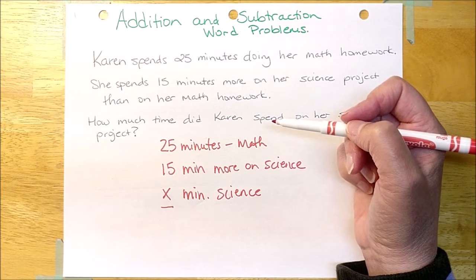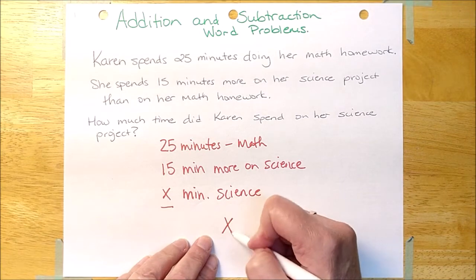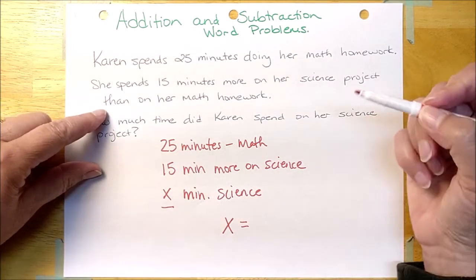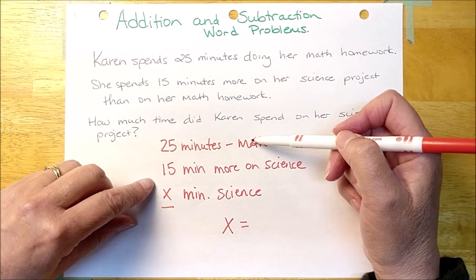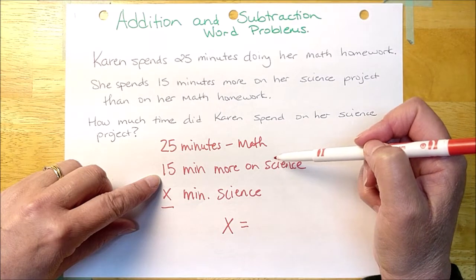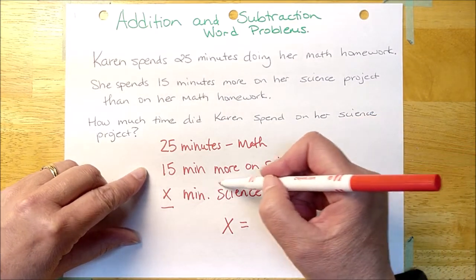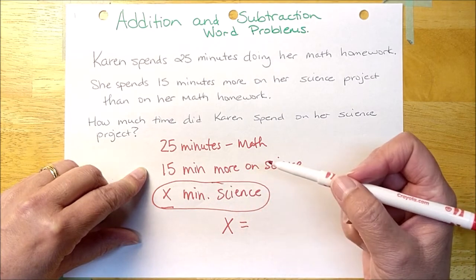So we could figure this out. We need to get it so that the X is over there by itself. So we know that she spent 25 minutes on math. She spent 15 more minutes on science. So we know that the science number is the big number, and we need to figure out the big number.